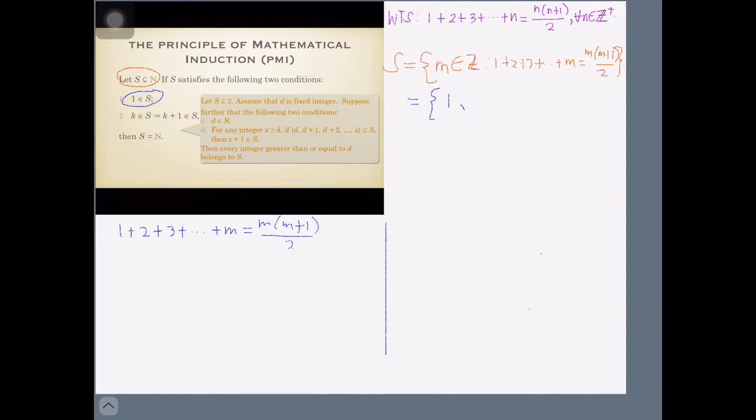We have to verify that 1 would indeed satisfy this part, or as I noted, if m is equal to 1, it should also work for this expression here. Writing that down, it would look like this.